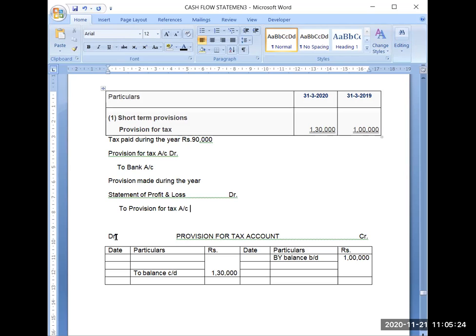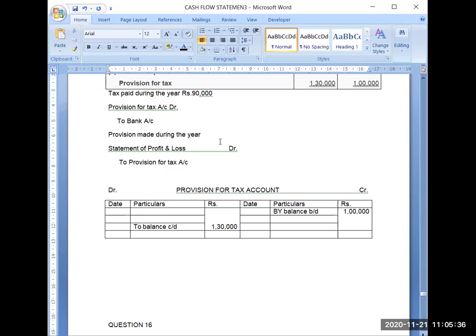So out of these two, you will get always one information in the question, and one information you have to calculate on your own. So in this question, I am assuming that tax paid during the year 90,000 has been given. So what will be the journal entry here? Provision for tax account debit to bank account. 90,000 I will write here.